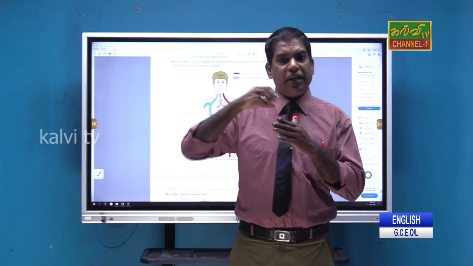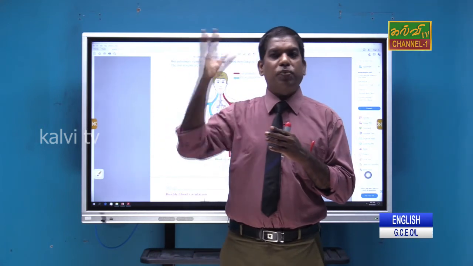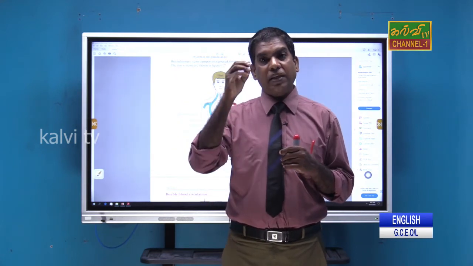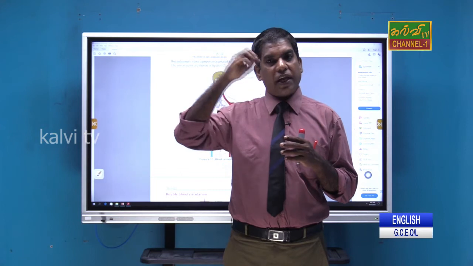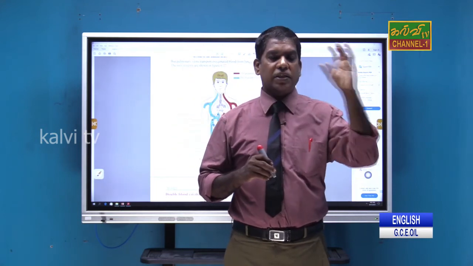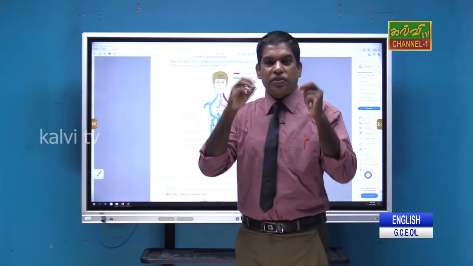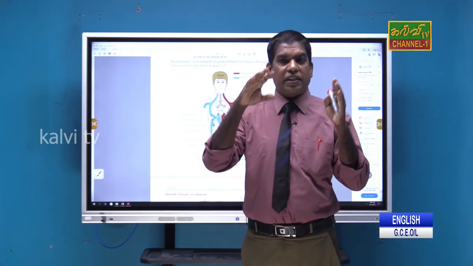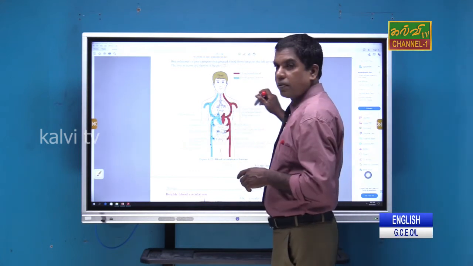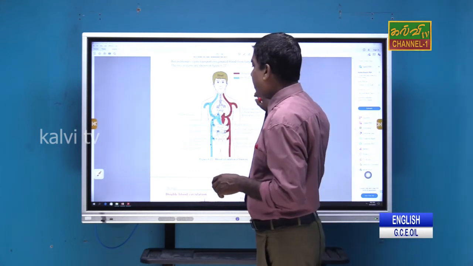The pulmonary artery carries deoxygenated blood, the pulmonary vein carries oxygenated blood. This is very important. This is exceptional.